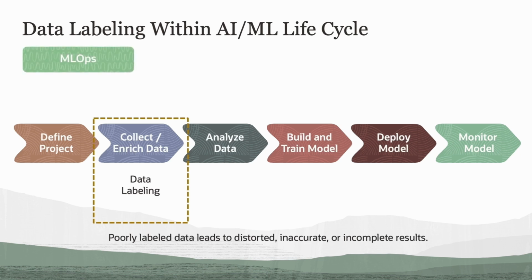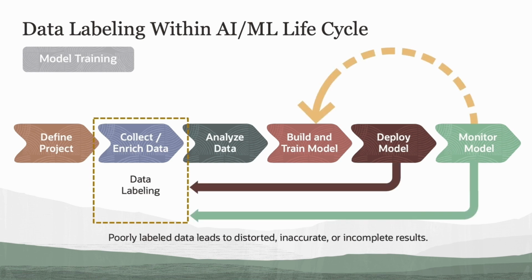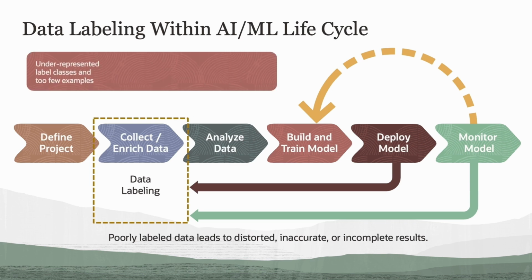MLOps is an iterative process. It all starts with having good quality data to build your initial model. Model training is also an iterative process that might involve labeling new images or text or editing existing labeled data if the desired accuracy or precision isn't met. For example, an initial set of labeled data might have underrepresented label classes without enough examples.